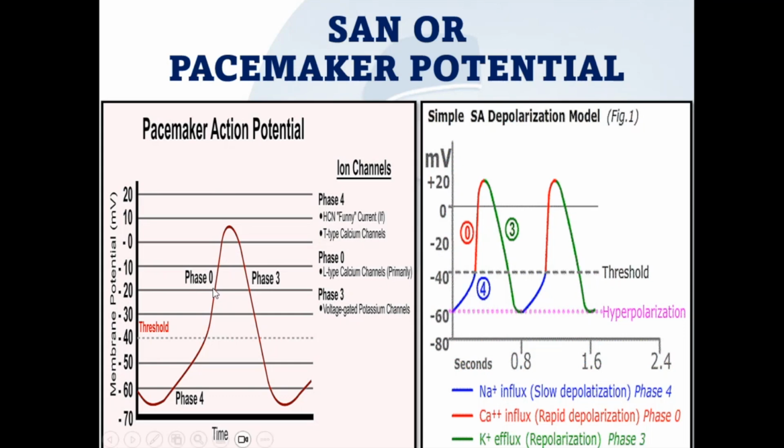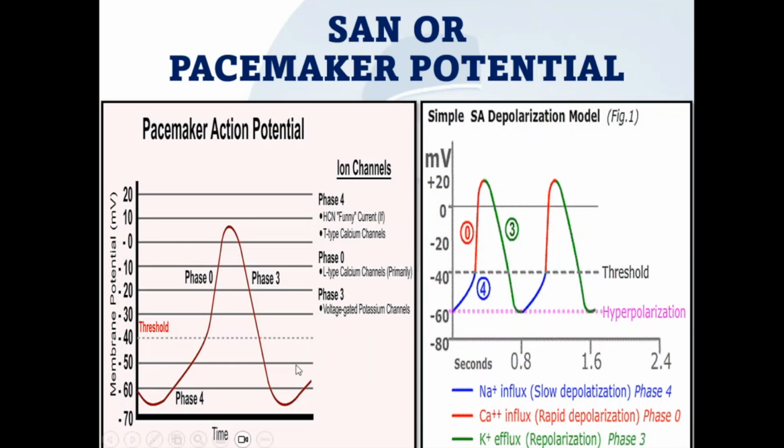We talk about pacemaker potential first. Pacemaker potential is somewhat similar to skeletal muscle action potential, but the channels involved are different. In skeletal muscle it is sodium and potassium, whereas in cardiac pacemaker action potential it is calcium and potassium.